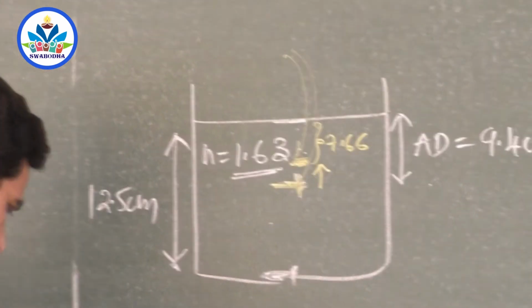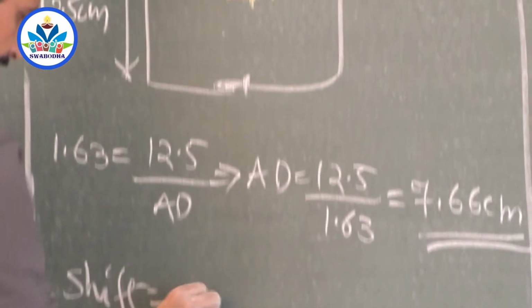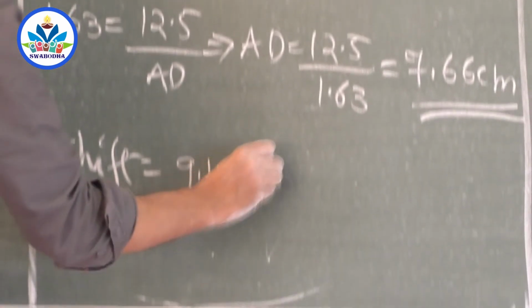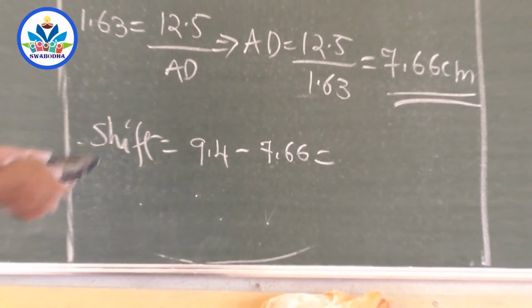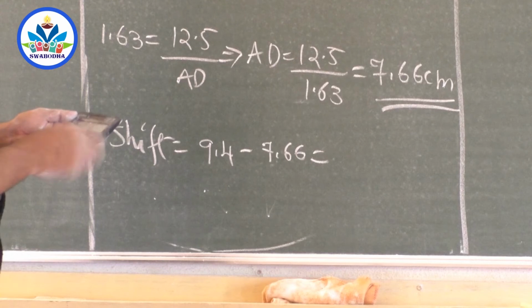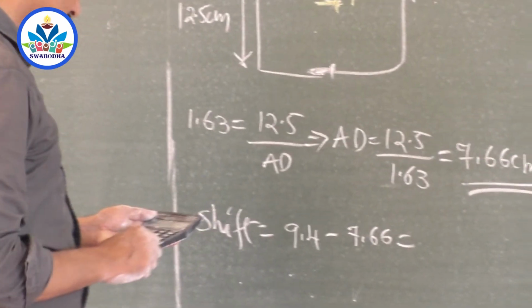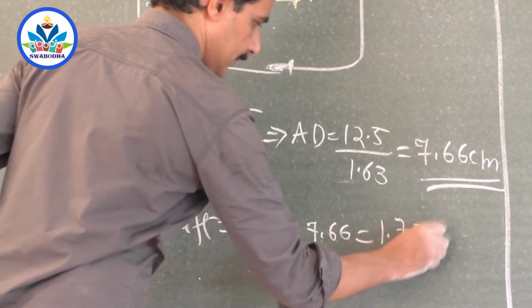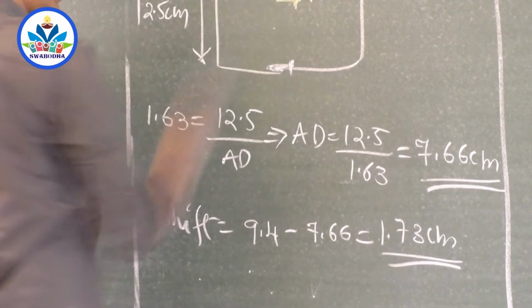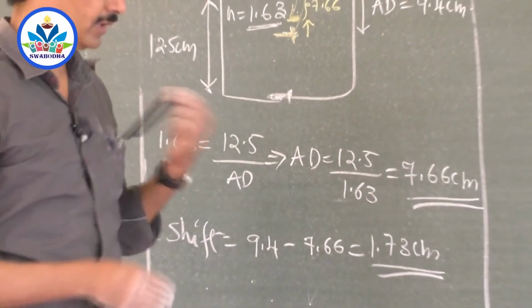So the shift in the microscope required is the original apparent depth minus 7.66. That is 9.4 minus 7.66, which is equal to 1.73 almost. 1.73 centimeters. By this much it has to be shifted up. Very easy problem. Okay. We will move on to the next problem.